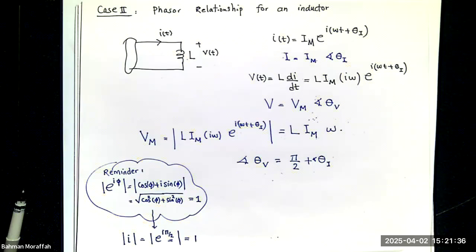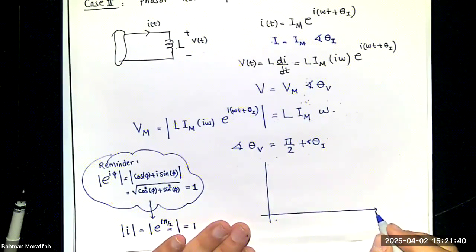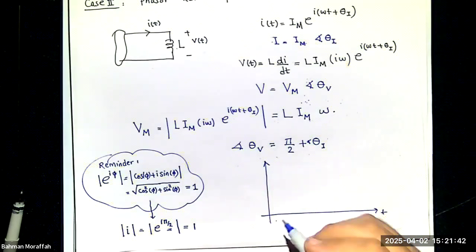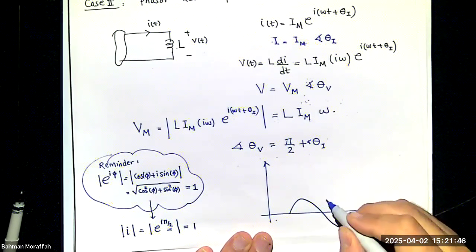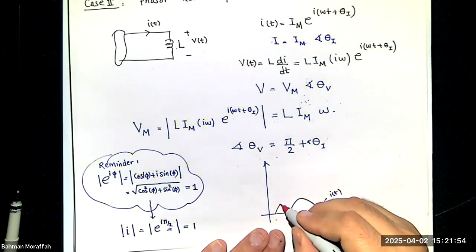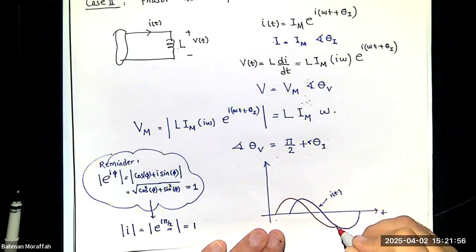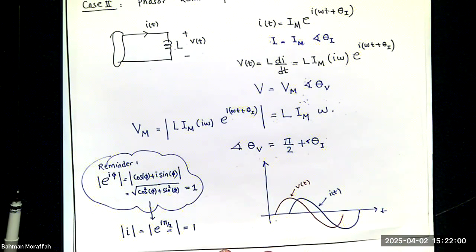Okay, so let me quickly draw it. This is t. If this is my i(t), again, remember this i(t) is periodic, right? This would be my v(t), right?